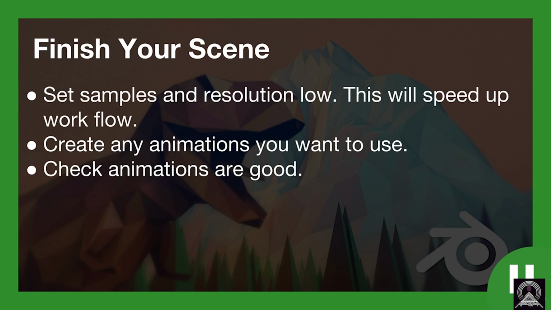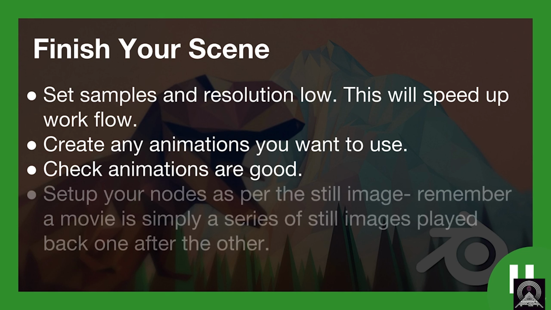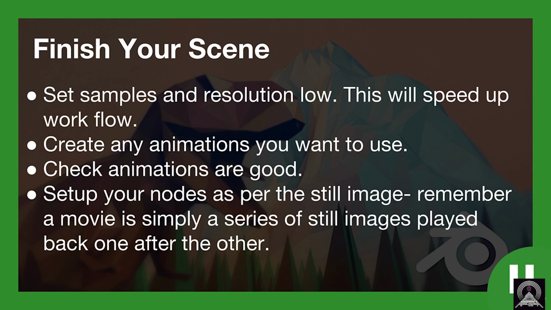At this stage in the course, we really want the plane, if you're doing a plane or whatever you're animating, we really want it to look like it's part of the scene and not separate. Set up your nodes as per the still image. Remember, a movie is simply a series of still images played back one after the other. Now, when you go to your nodes and go to your compositing node, what you'll see is there's already something set up.